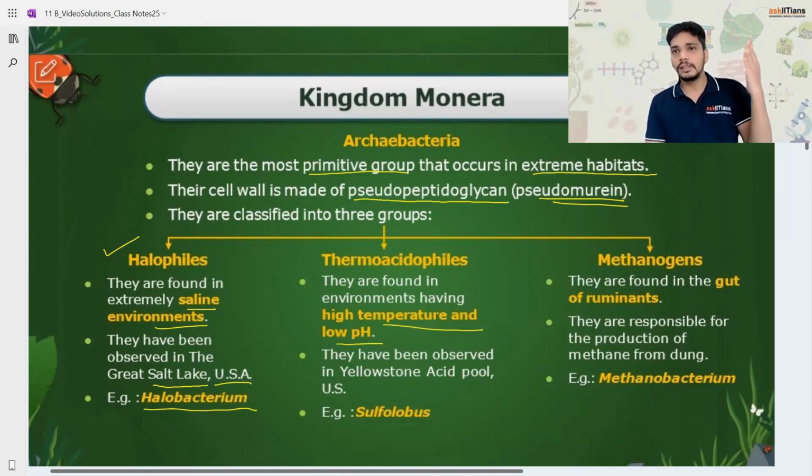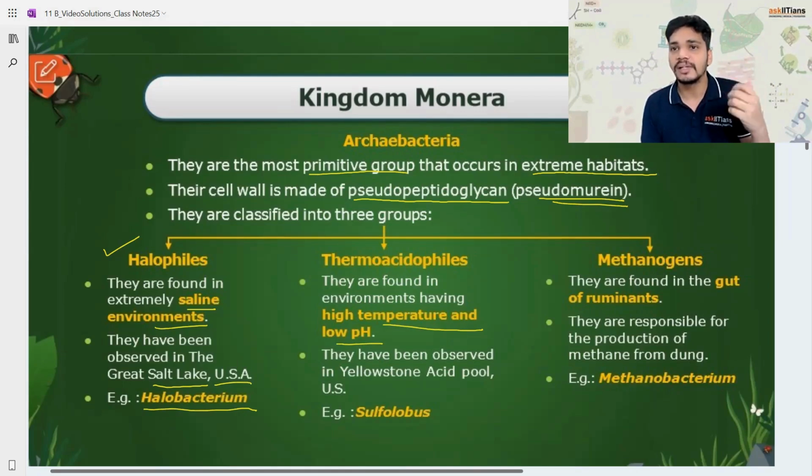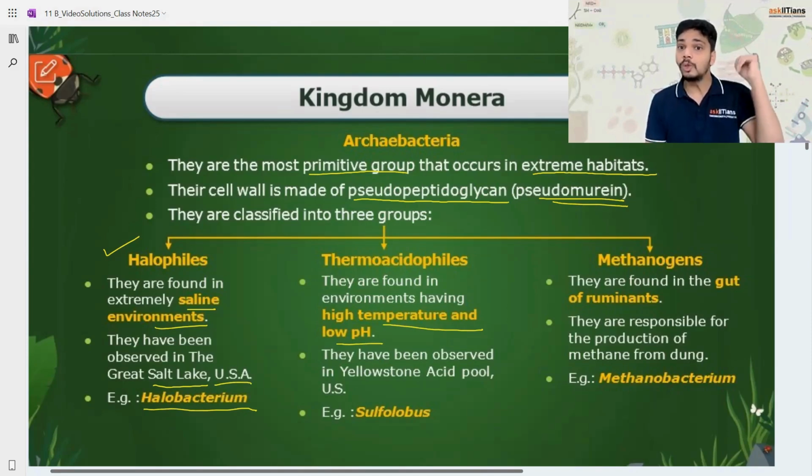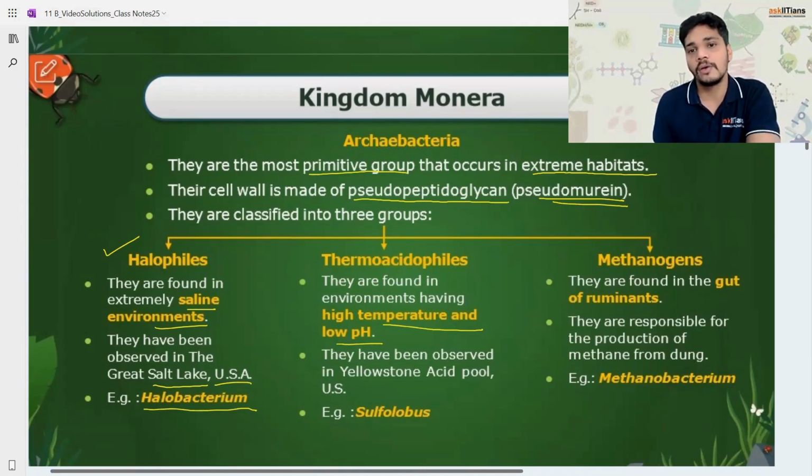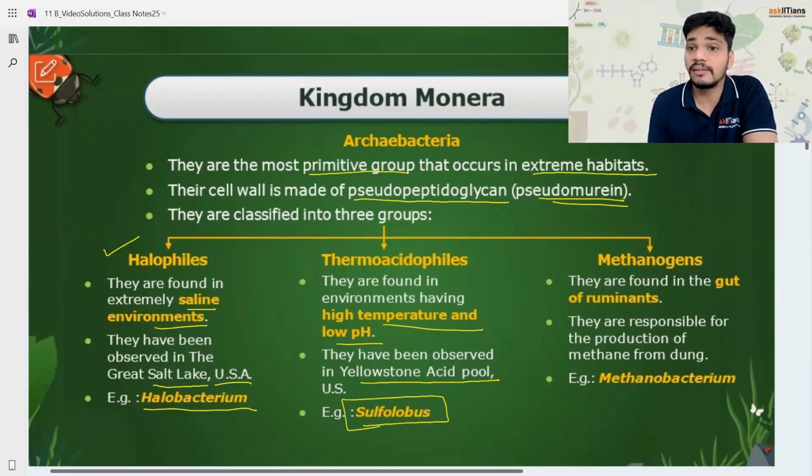At high temperature, almost all bacteria will die, right? Yes or no? Almost all are dead. But in such a drastic environment of high temperature and low pH, they survive. They have been observed in the Yellowstone acid pool in USA. They are called sulfolobus.